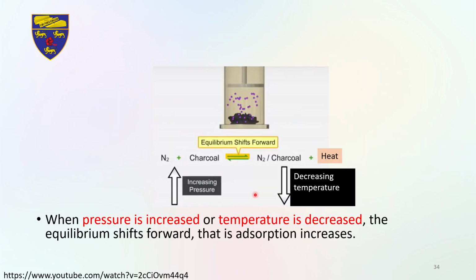Therefore, according to Le Chatelier's principle, if we increase the pressure of the system, as in this example, or decrease the temperature, then the system will shift the equilibrium to reduce the pressure as well as increase the temperature by moving forward, thereby increasing the adsorption.